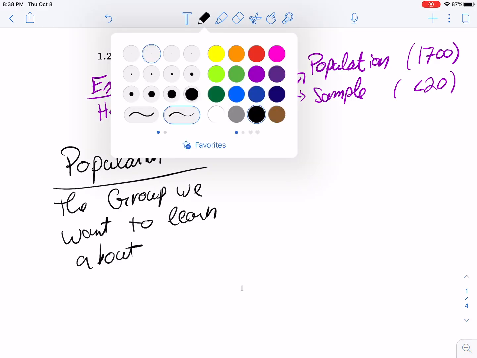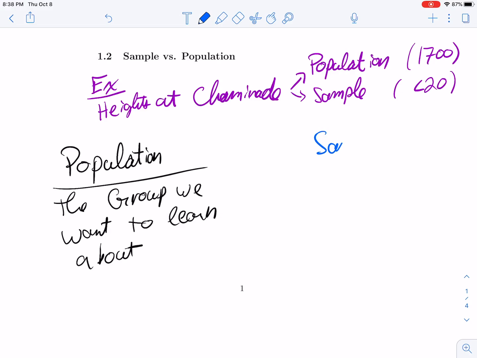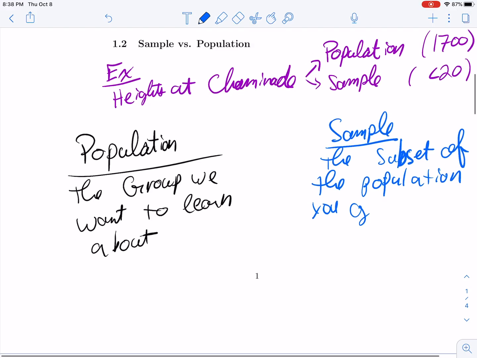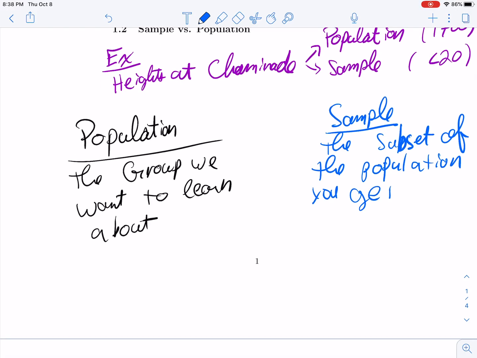The sample is the subset of the population you get info from.